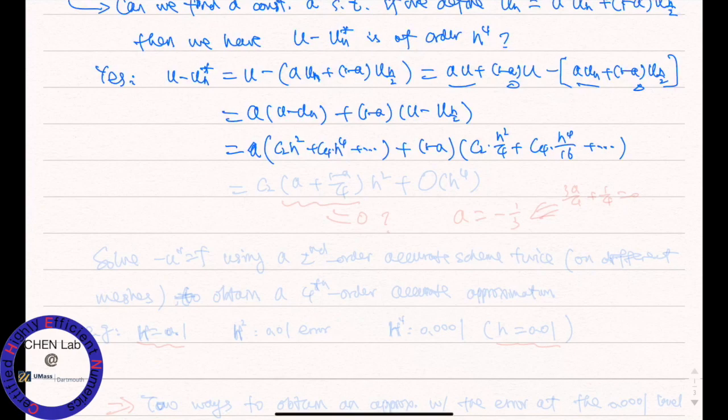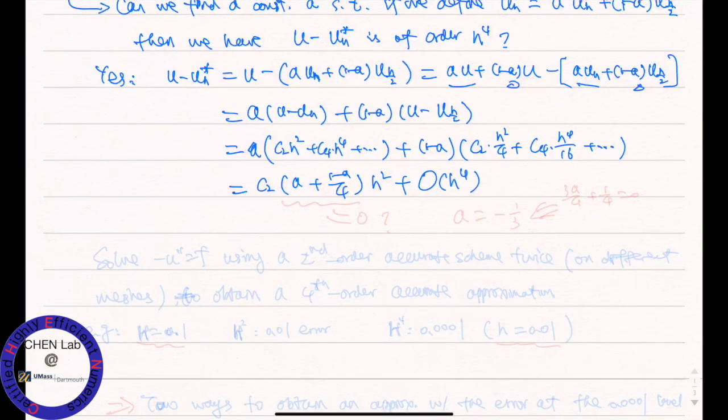If we combine the h squared terms, we get C2 times (a plus (1 minus a) divided by 4) h squared plus order h to the fourth.